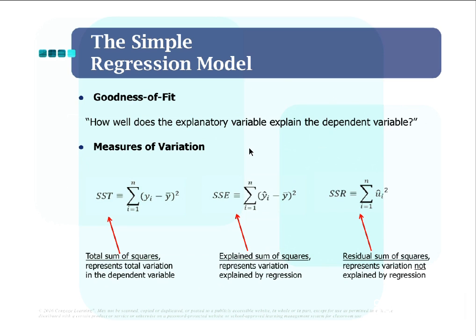So once we have the regression line, the simple linear regression and estimated beta 0 hat and beta 1 hat, we ask ourselves how well the explanatory variable explains the dependent variable, in the sense of whether x is predictive of y.